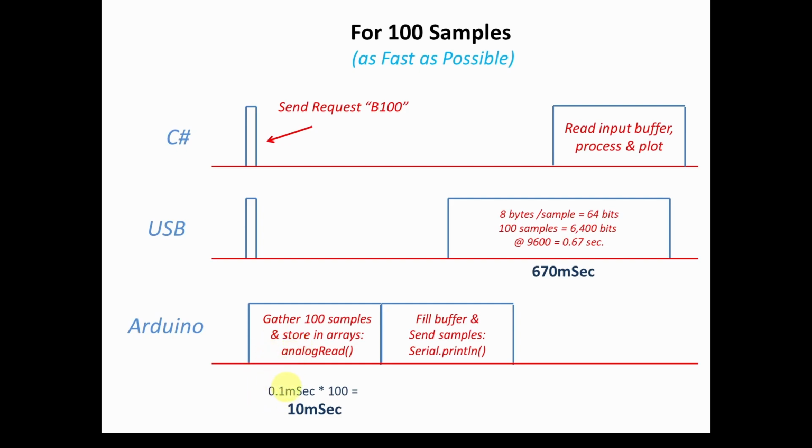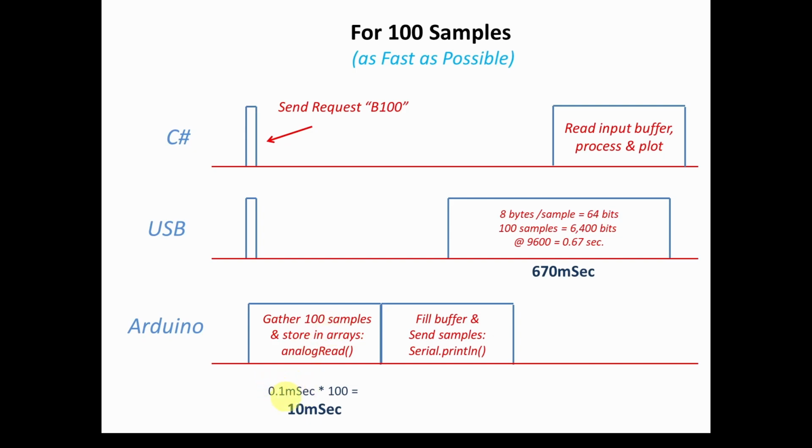So 0.1 millisecond, we're going to do 100 samples, which means 0.1 milliseconds times 100 is going to be 10 milliseconds to get 100 samples read, okay? 10 milliseconds or 0.01 seconds to read our 100 samples.